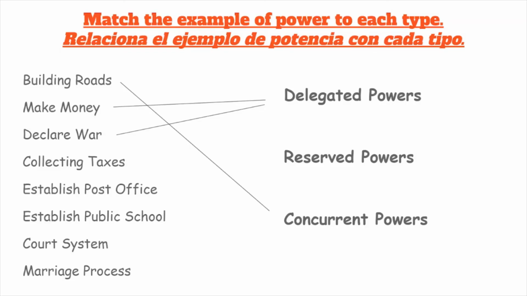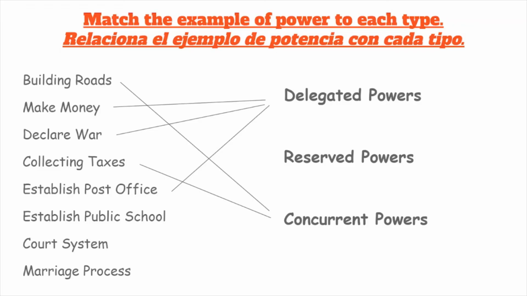Collecting taxes, recolectando los impuestos. This is a concurrent power. Establish post office. Establecer la oficina de correo. This is a delegated power. Establish public school.